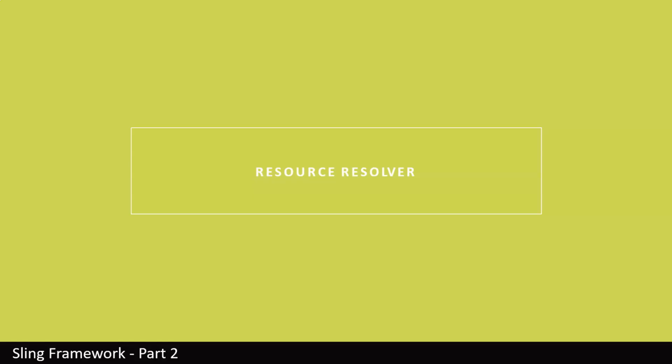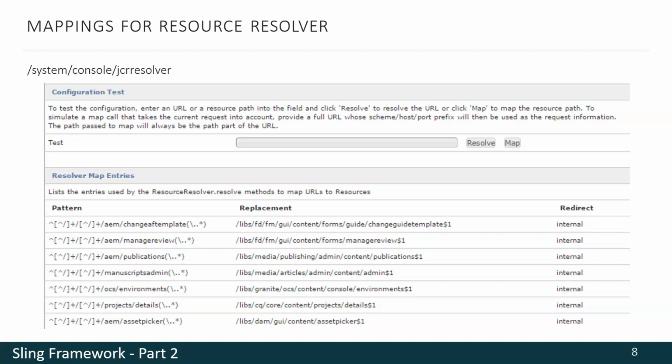Now let's have a look at the resource resolver. The resource resolver defines the order of how scripts are searching for libs, apps, and other folders. It is also used to determine rules for constructing URLs. So you can use the resource resolver to specify additional rules for URLs and paths, like making pages available at a shortened URL instead of the long one.